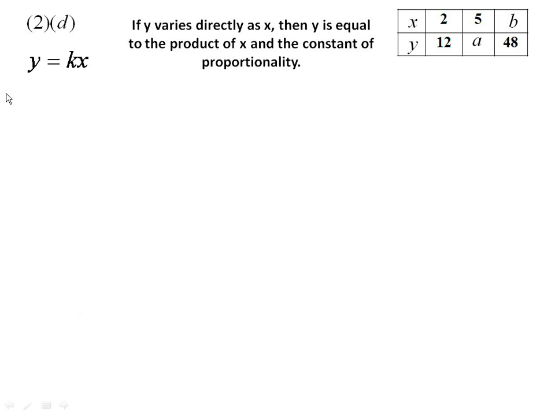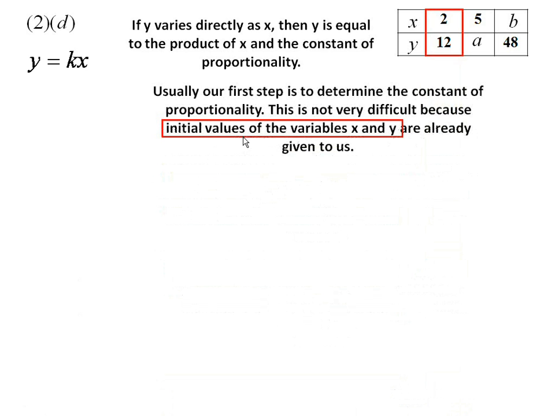Y is equal to the constant of proportionality multiplied by x. Usually, our first step is to determine the constant of proportionality. This is not very difficult because initial values of the variables x and y are already given to us.